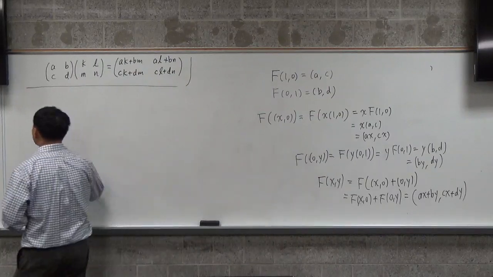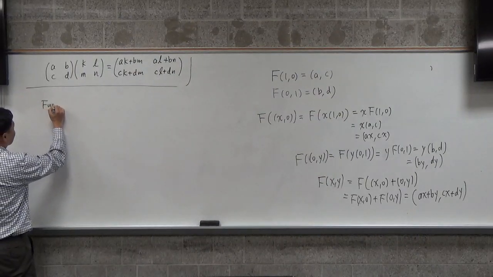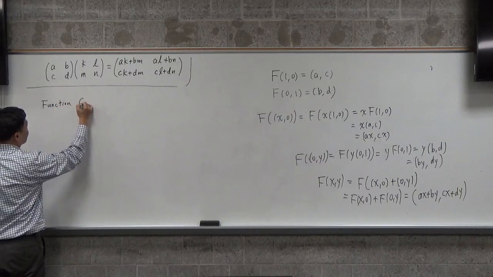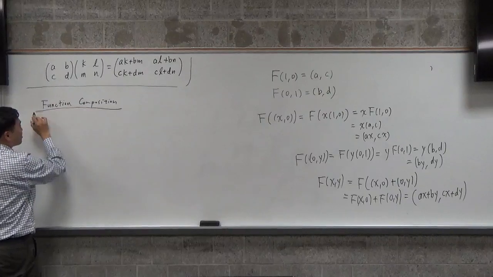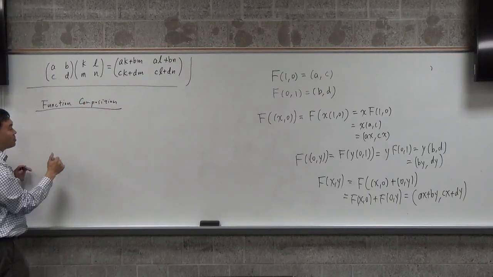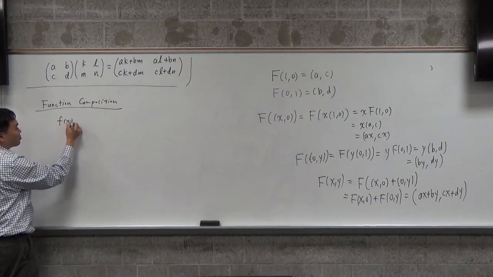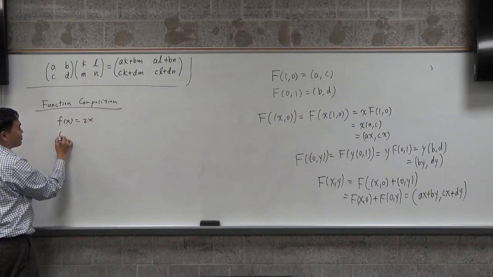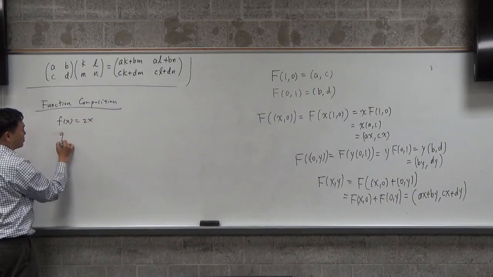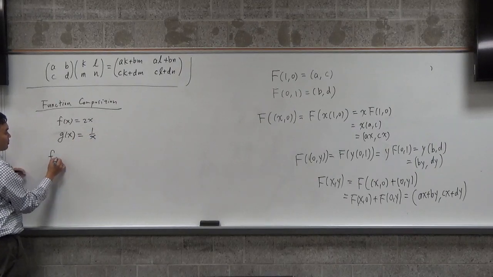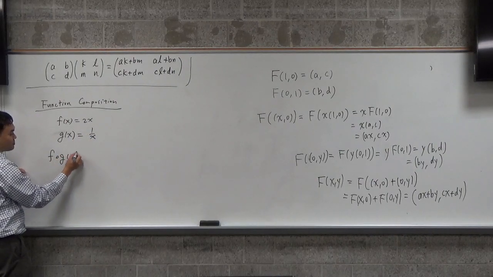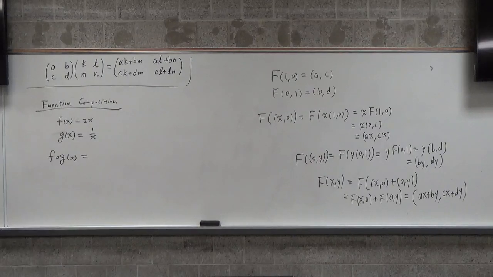And then from here, let's talk about function composition. Now, some of you might not remember what that means. If you have one function that does 2x and another function that does 1 over x, what's f composed with g of x? 2 over x, right?